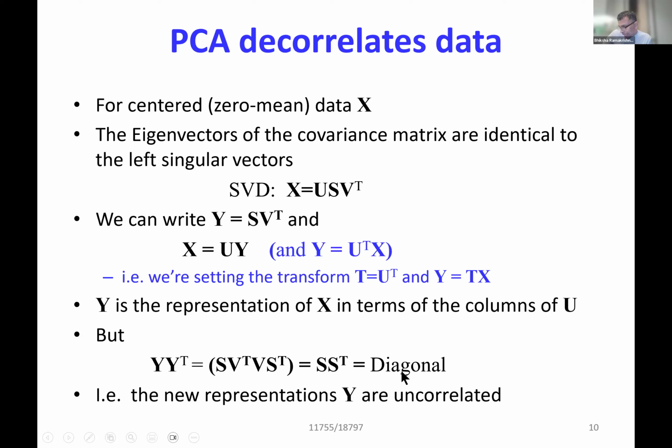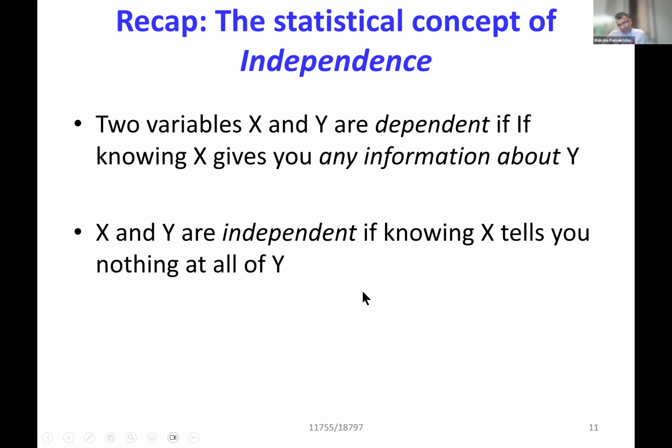But the new coordinates have this property that they're uncorrelated. So the uncorrelatedness that results from PCA is an incidental property of projecting the data onto the eigenvectors of the covariance matrix.